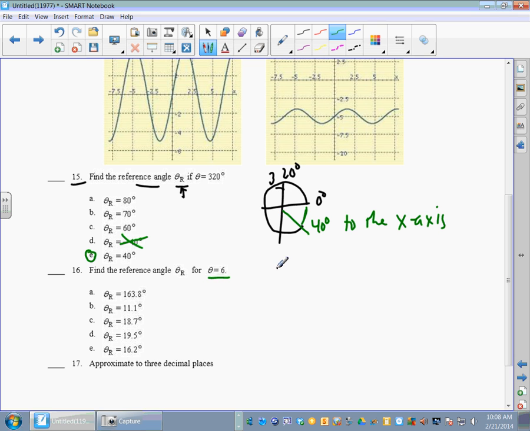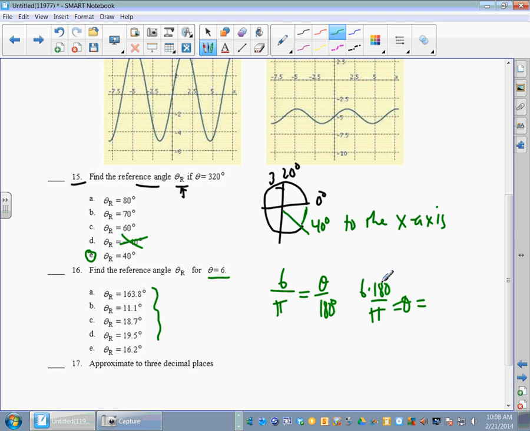So for theta equals 6, what's the first thing you have to do? Yeah, since our answer's in degrees, change it to degrees. So 6 over pi equals theta over 180. Multiply it over. 6 times 180 divided by pi equals theta. So what's theta equal?